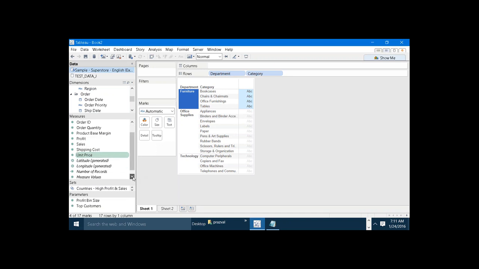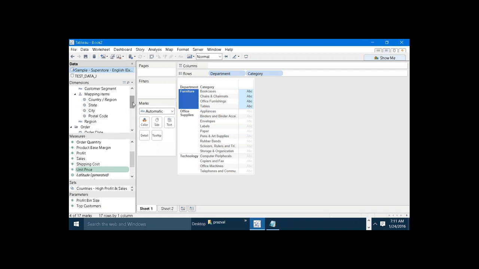And finally, latitude and longitude. Here we are seeing latitude and longitude within brackets marked as generated. It means Tableau is automatically generating these two fields. Tableau generates latitude and longitude if our data source contains geographic dimensions, like country, state, and city.